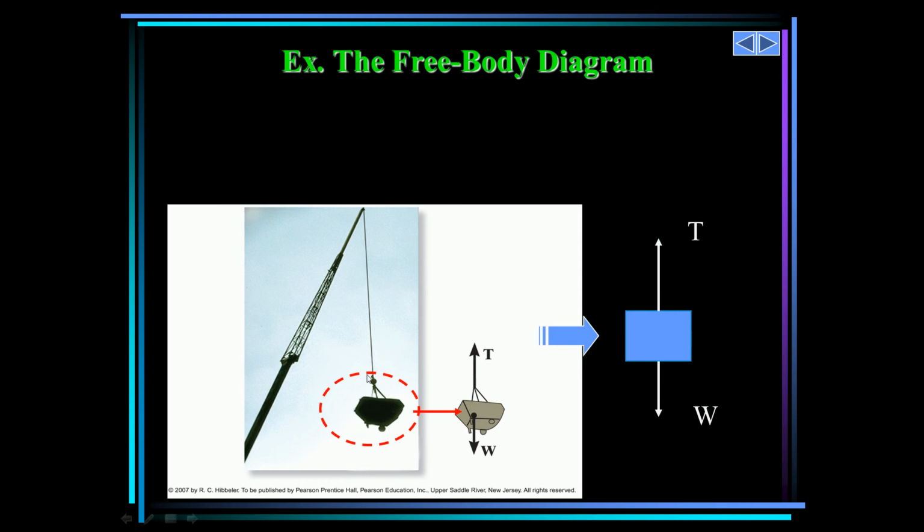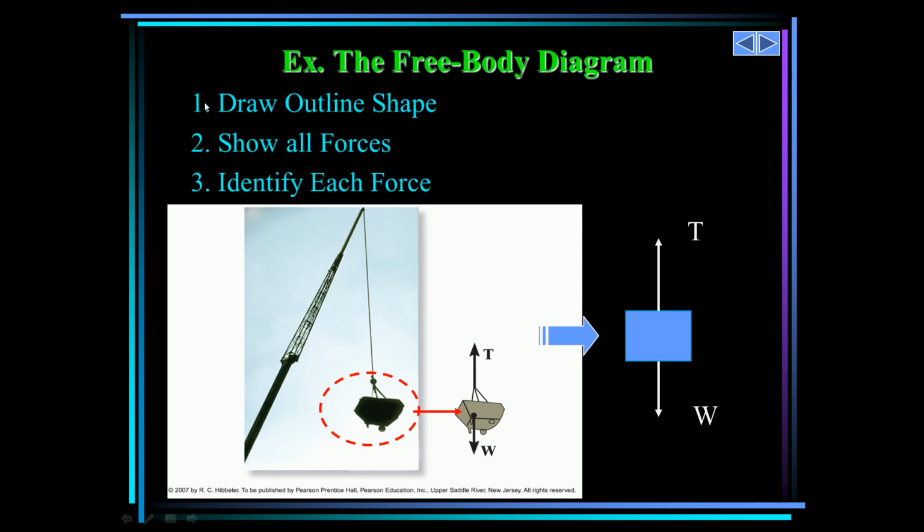The other one is the cable support, the tension, which goes up. So there are two external forces acting here. We follow the three steps: one, draw the outline shape; two, show all the external forces; and three, identify each force and give it a label.